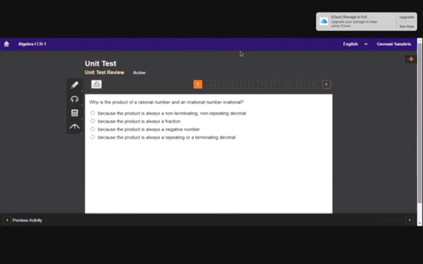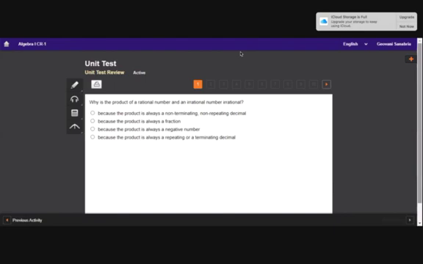So, why is the product of a rational number and an irrational number irrational? Because the product is always non-terminating and non-repeating. That's what it takes to be irrational.